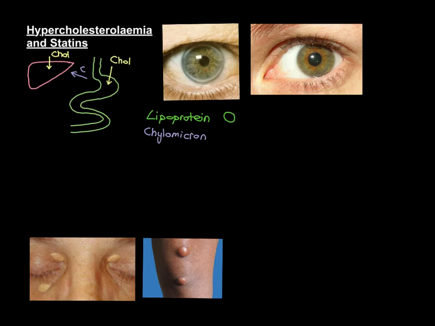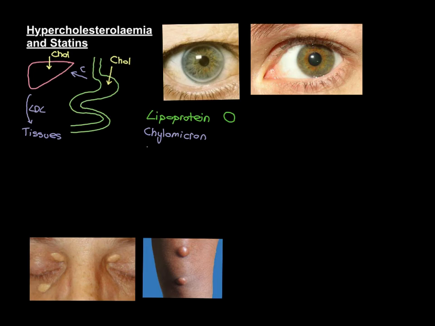So let's add on to our diagram here. I'm just going to write peripheral tissues. This is the target for the cholesterol, and the means by which we take cholesterol from the liver to the peripheral tissues is by a lipoprotein known as LDL. LDL stands for low density lipoprotein.